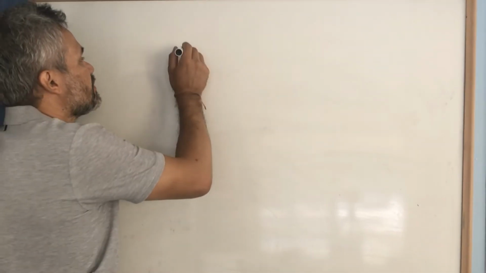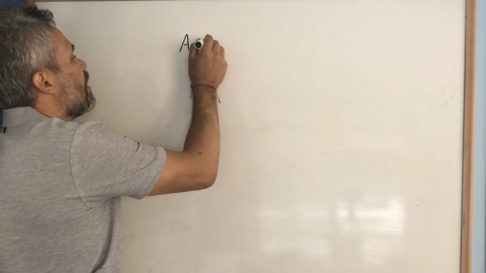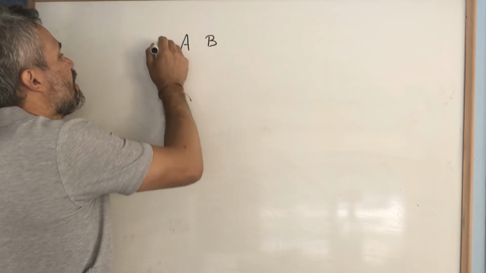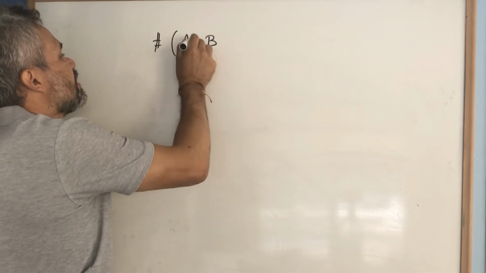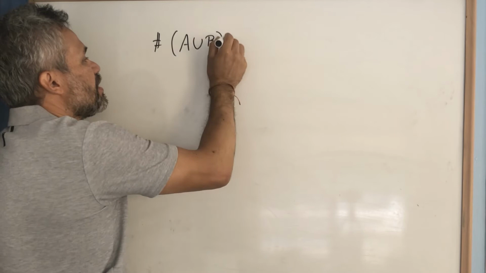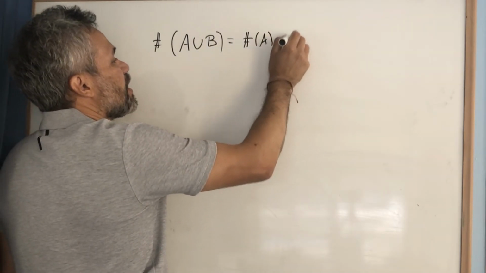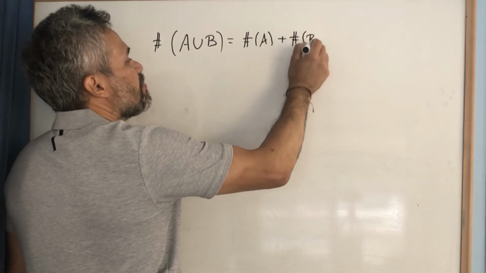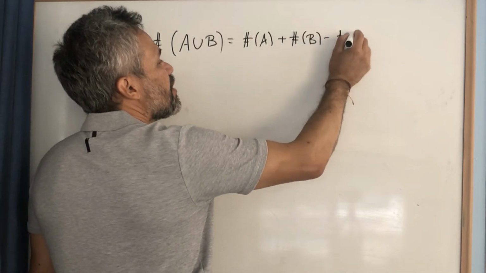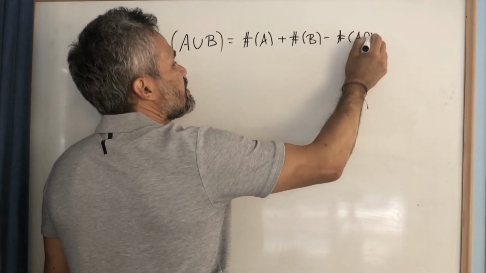We have seen that if we have two sets A and B, then the number of elements in the union of A and B is equal to the number of elements in A plus the number of elements in B minus the number of elements in the intersection.